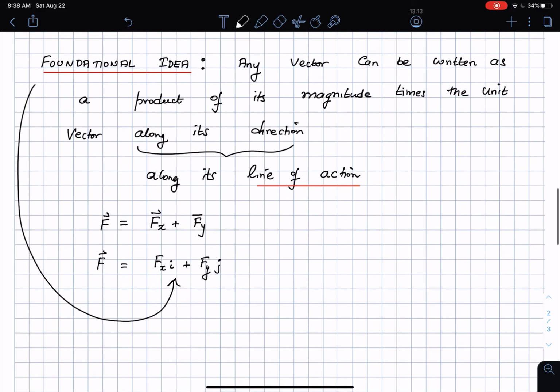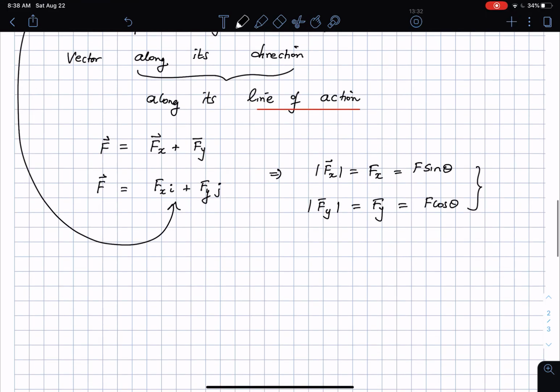Okay, so this tells me that the magnitude of fx, which is fx, is f sine theta. The magnitude of fy, which is fy, is going to be f cosine theta.